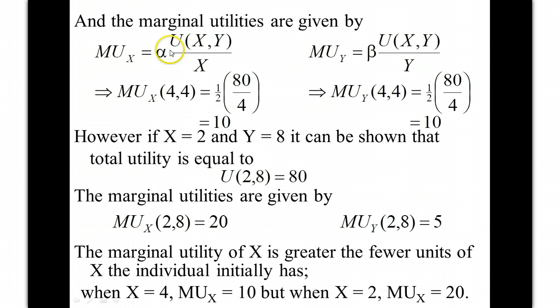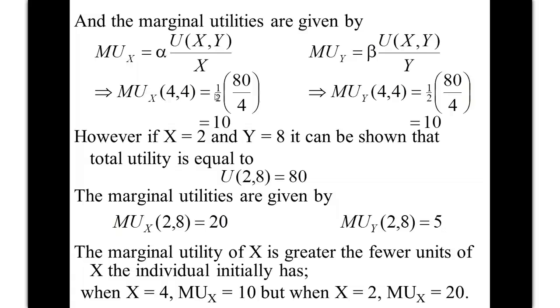We know that the overall level of utility is 80, and I'm consuming 4 units of x. So it's 1/2 times 20, and 1/2 of 20 is 10. The same holds for the marginal utility of y. If I'm consuming 4 units of x and 4 units of y, the marginal utility of y is 10. So in fact, the marginal utility of both at 4 is the same. They both offer the same level of utility.